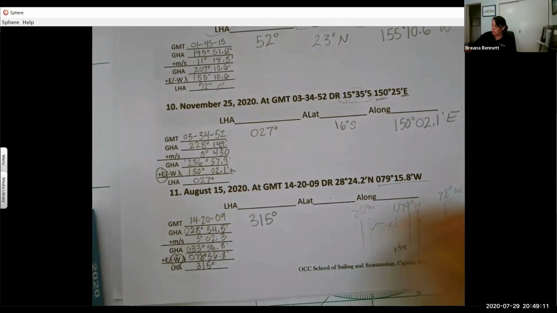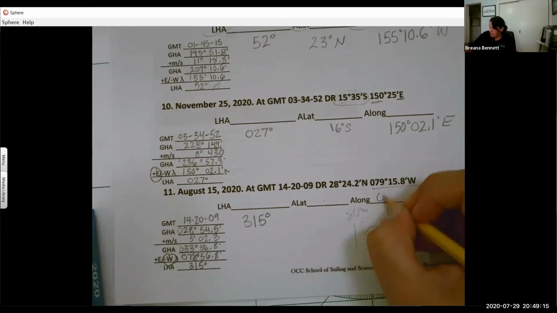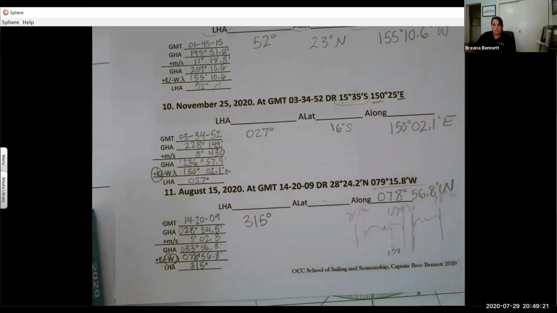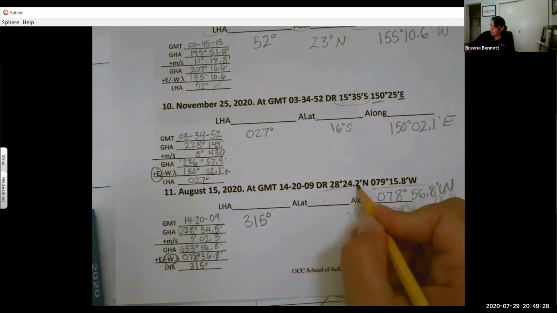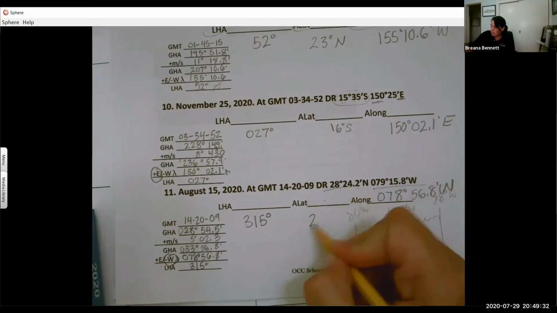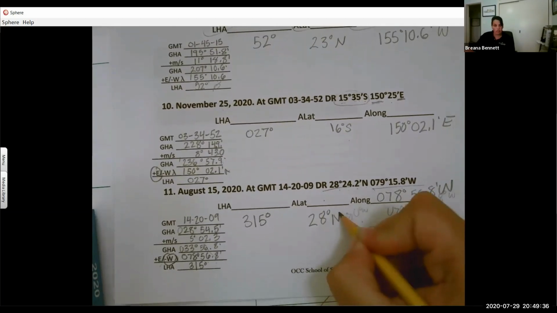So then my longitude, I know I'm sloppy here, gives us 078 degrees, 56.8 minutes west. Our assumed latitude, we're going to round to the nearest. We're at 24.2, so we'll round down to 28 degrees north.